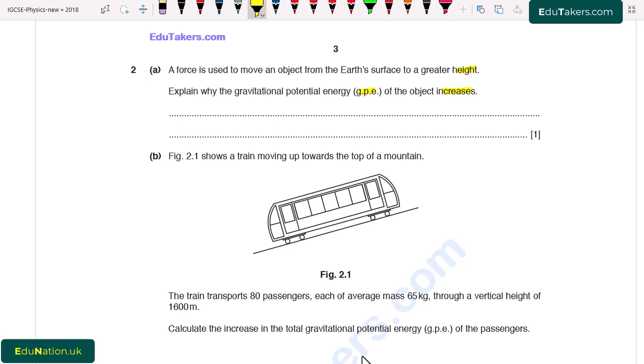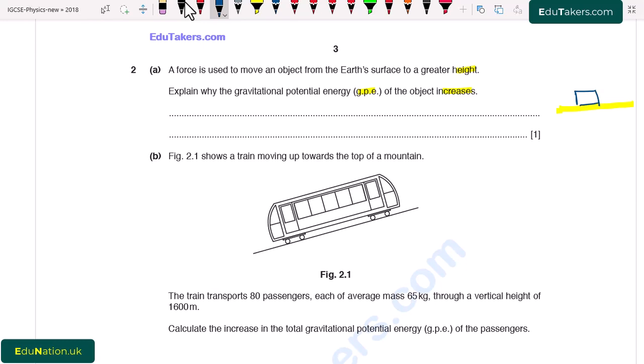So if I consider the object that is at the surface of Earth, it is the Earth, and the object is placed at the surface of this Earth, then we can see that the height of the object is small.